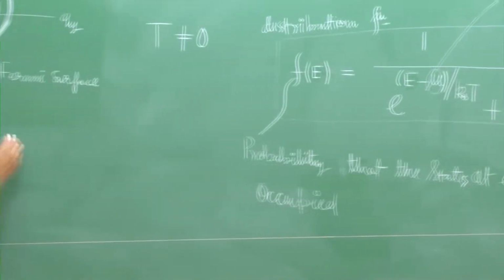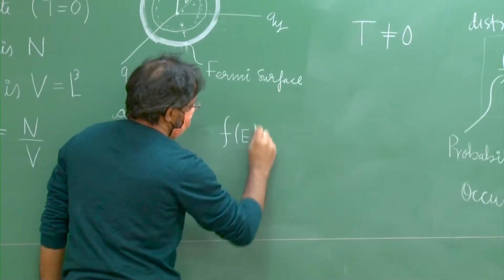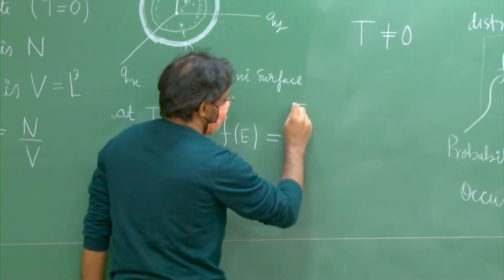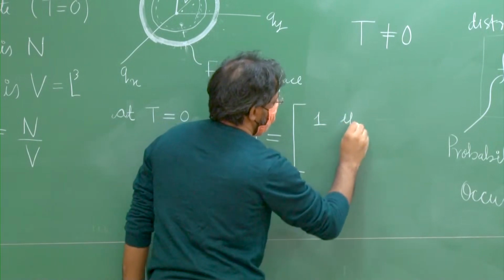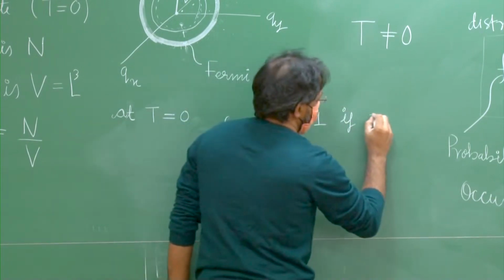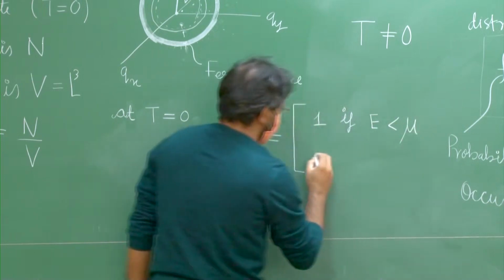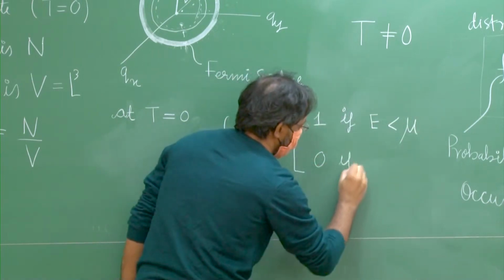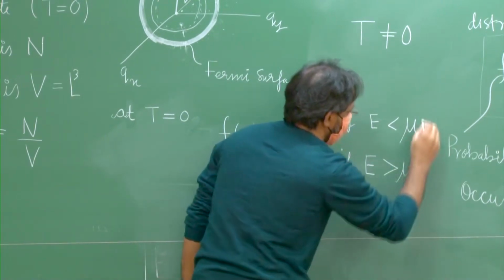So, at t equal to 0, your function f of E is equal to 1 if the energy of the quantum state is less than mu, and it is 0 if E is greater than mu.